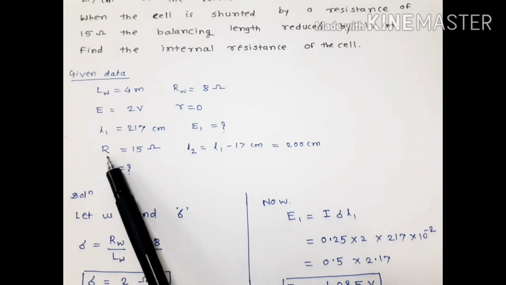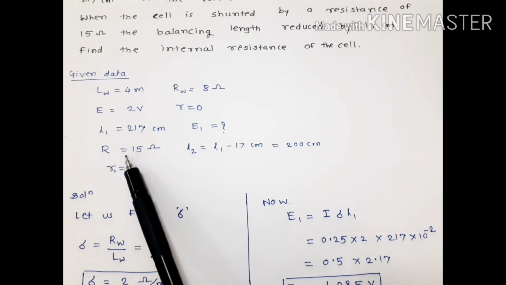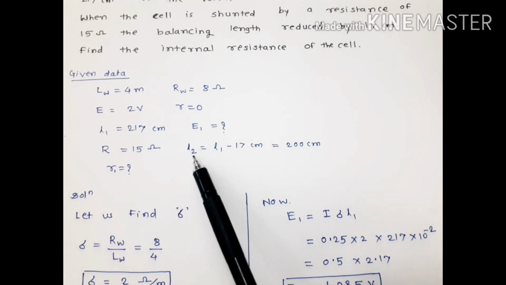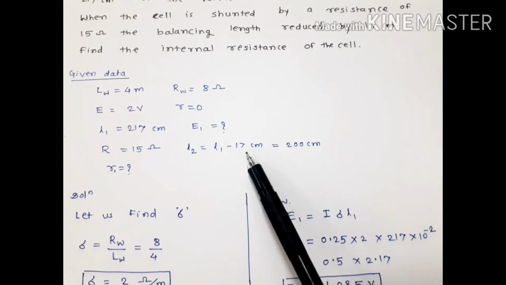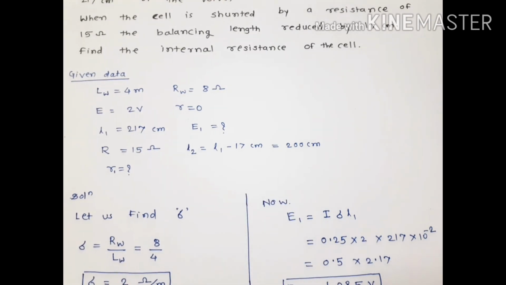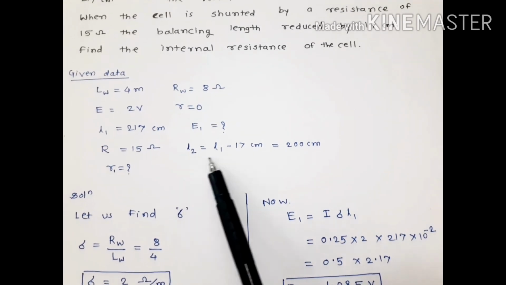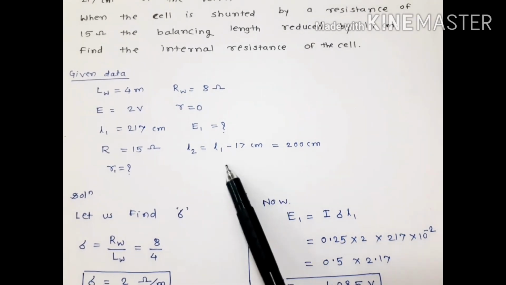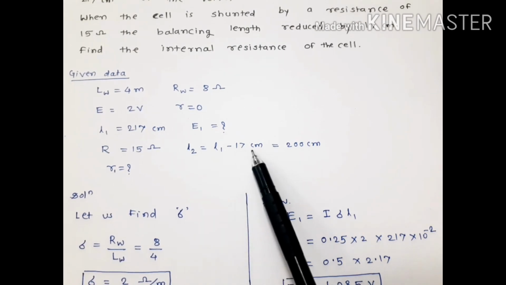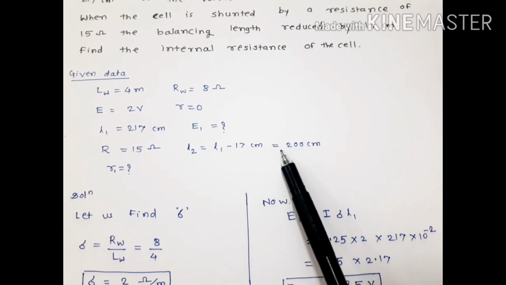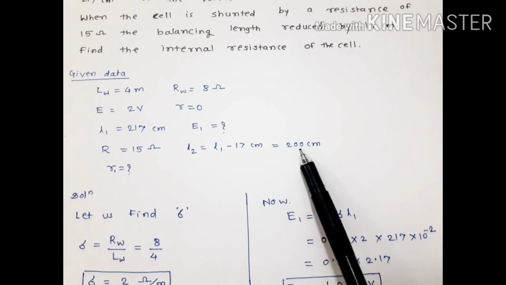Here the shunt resistance is given, the value of shunt resistance capital R is 15 ohm, then the balancing length reduces by 17 centimeter, means L2 is equal to L1 minus 17 centimeter.